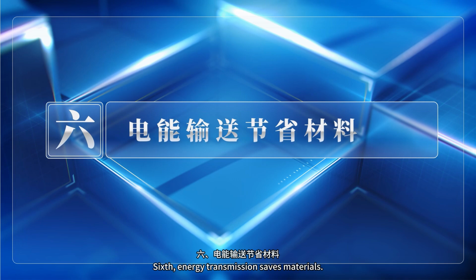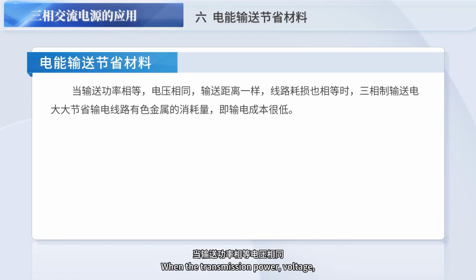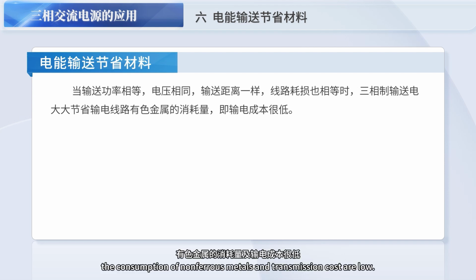Sixth, energy transmission saves materials. When the transmission power, voltage, transmission distance, and line loss are the same, using a three-phase system to transmit electricity, compared to the single-phase system, can greatly save transmission lines. The consumption of non-ferrous metals and transmission costs are low.